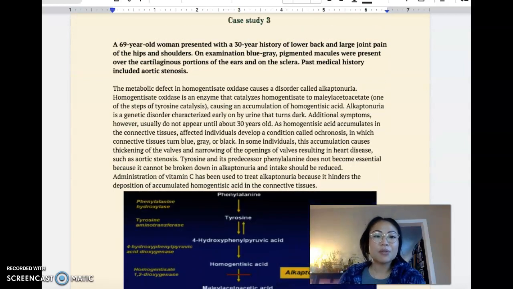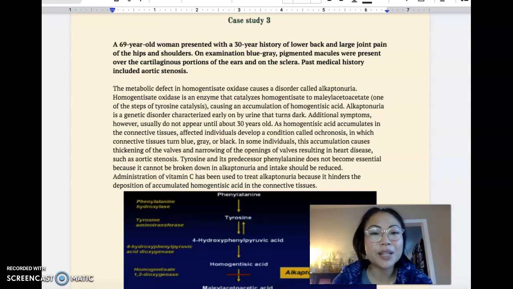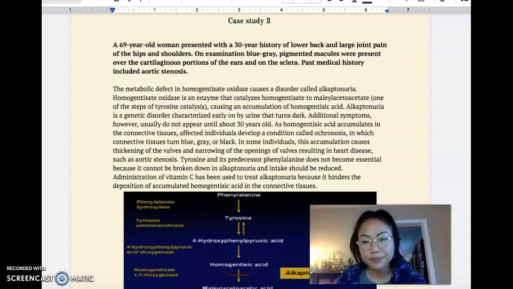So case study number 3 is a 69-year-old woman presented with a 30-year history of back pain and large joint pain of the hips and shoulder. On exam, blue-gray pigment macules were present over the cartilage portions of the ears and the sclera. Past medical history includes aortic stenosis.